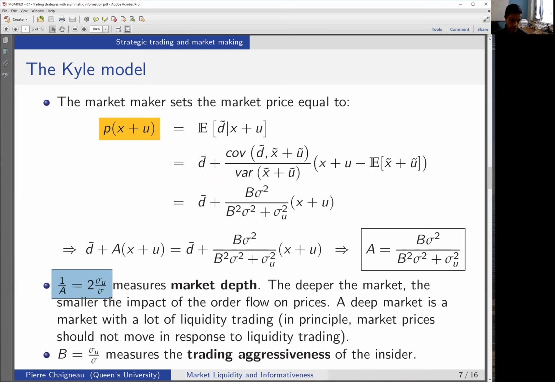It tells you by how much the market price will move in response to orders. In particular, the deeper the market, the smaller will be the impact of order flows on prices. So people can trade a lot without moving prices much in a deep market.